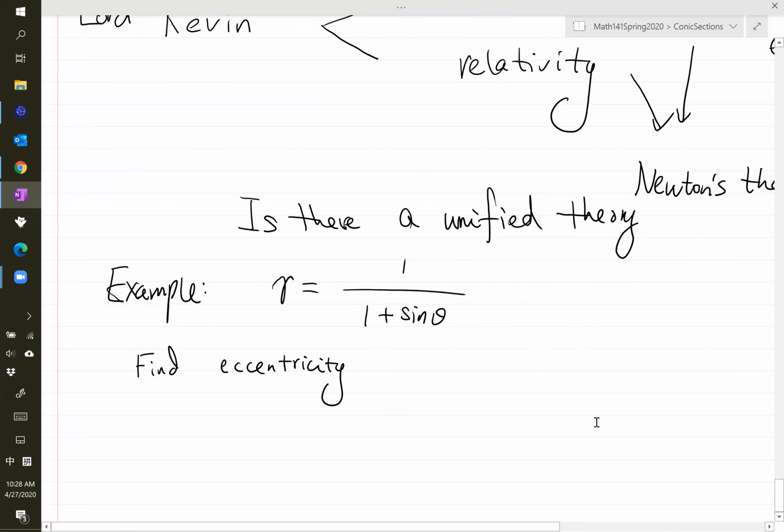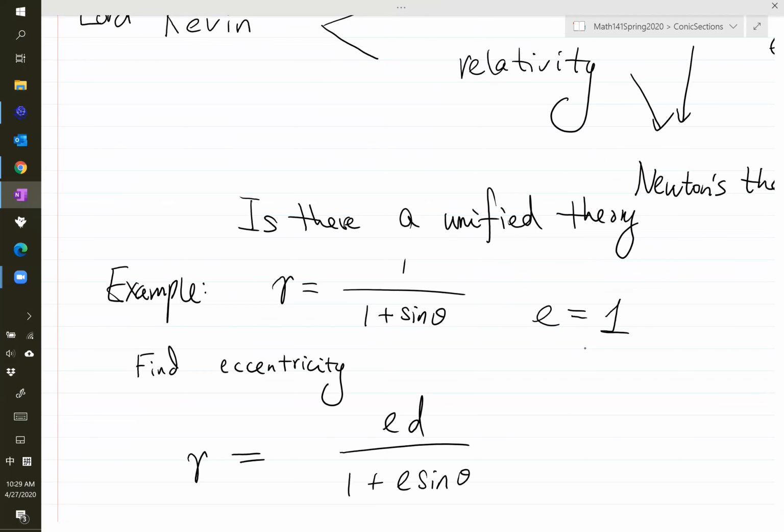Now the general form is r equals ed over 1 plus e sine theta. So we can see here that e is 1. If we compare, e is 1, so it should be a parabola.